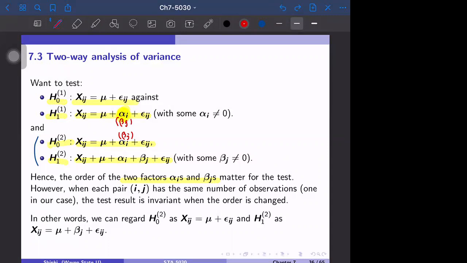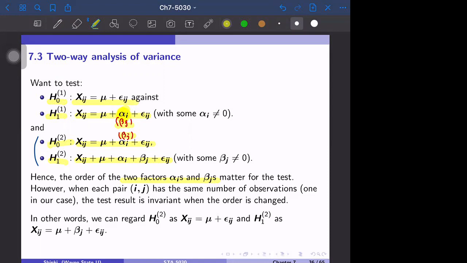But actually, in general, this order should matter for the test. But if we have one observation for each pair ij, then the test result is invariant when the order is changed. So if we use this test in red, that isn't different from the test the other way around.